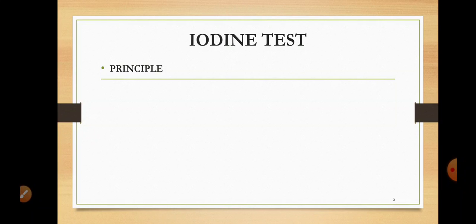To make it freely soluble, we add it into the potassium iodide solution. When you add the iodine to the potassium iodide solution, polyiodides form, which are in turn freely soluble in water. So this is with respect to the iodine solution preparation.